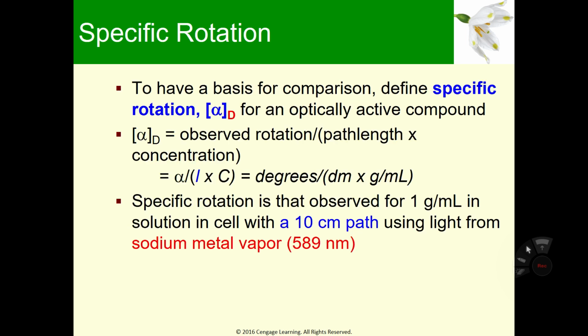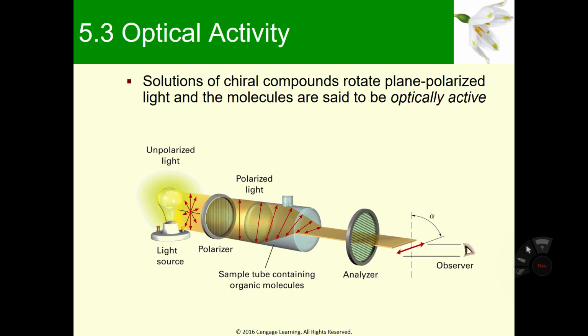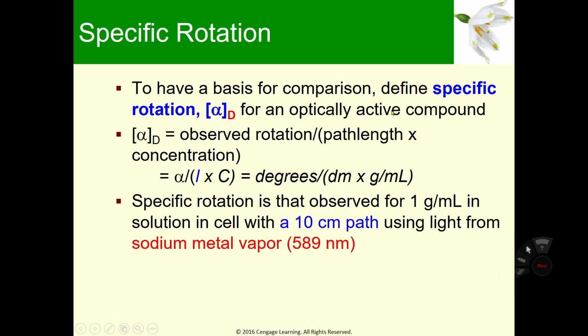Now I just introduced optical activity and optical rotation alpha, and then we are going to define the specific optical rotation. Specific rotation means you divide alpha by path length and concentration.